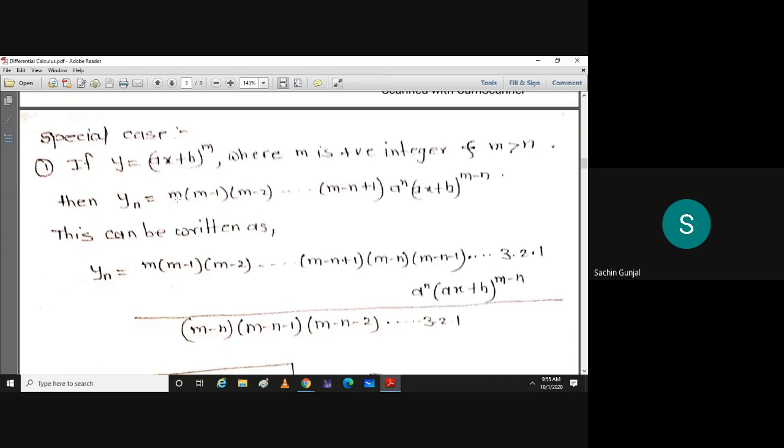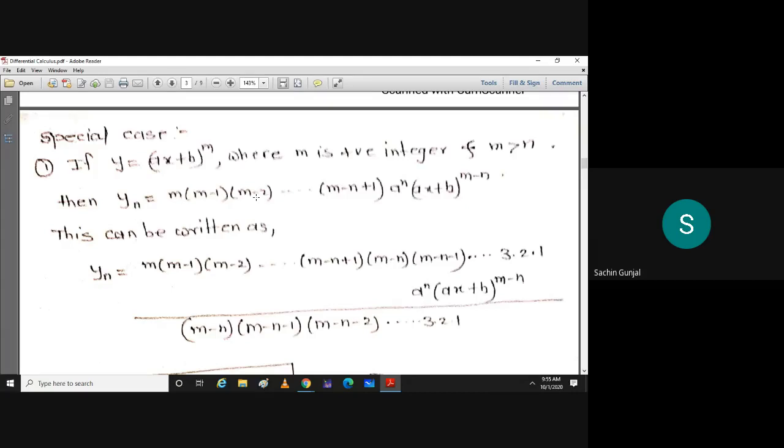So m is equal to 5. So 5 minus 3 is 2, plus 1. So this number is 3. And you are starting with 5. So 5, 4 and 3. This is your coefficient.